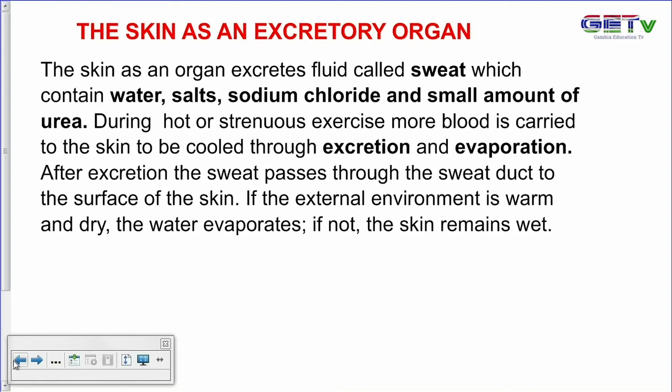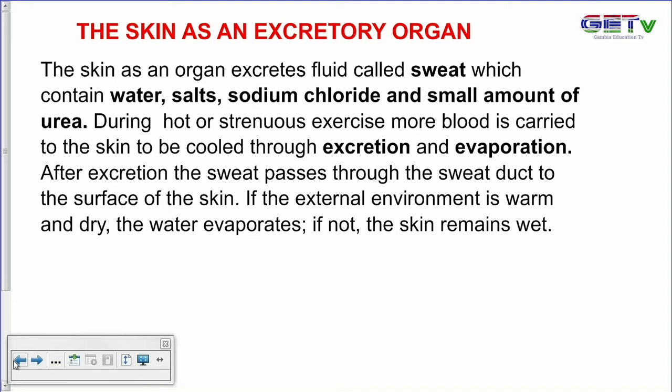During strenuous exercise, like for instance those who play football, those who go to the gym, those who are walking on the road, because they are doing a lot of exercise, their bodies begin to excrete sweat. And some of these components found in sweat are removed from the body, because if they stay there, they may be poisonous.